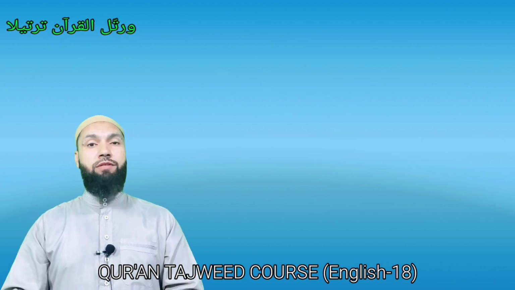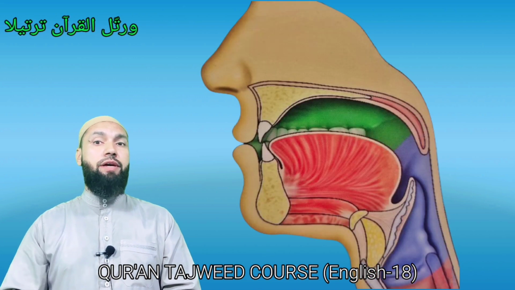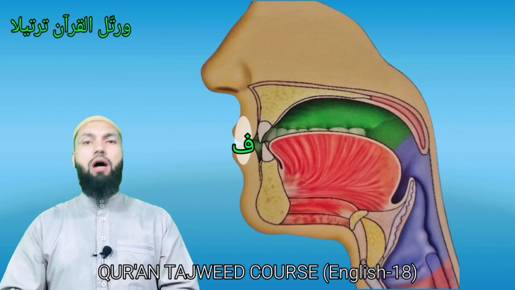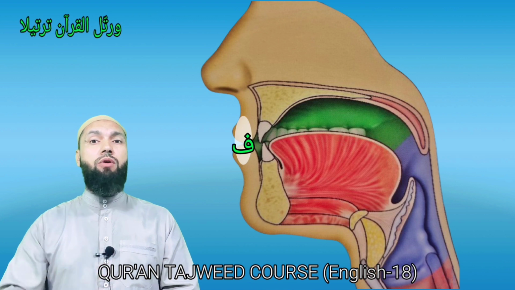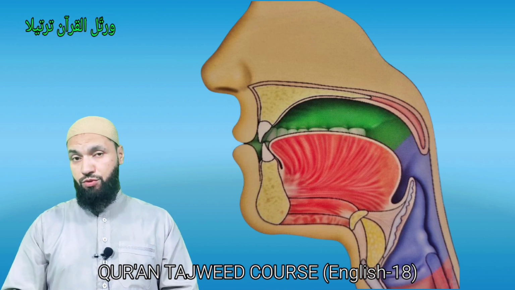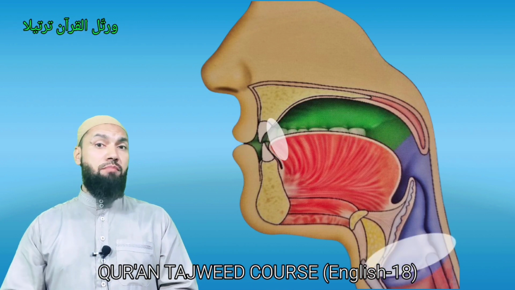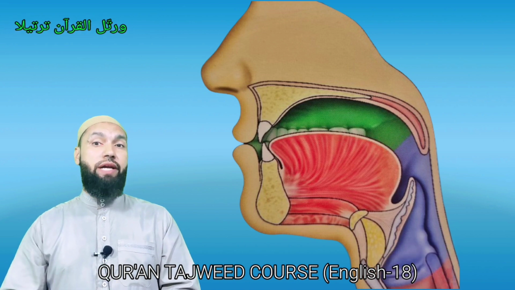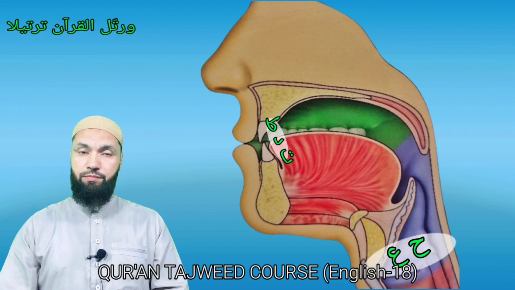So the basic point of this discussion is that there are some makharij or articulation points where only one letter is produced, while there are some makharij where 2 or even 3 letters are produced.